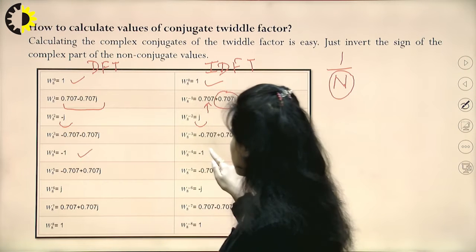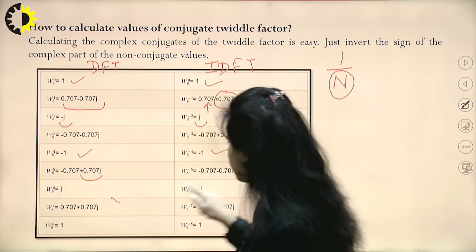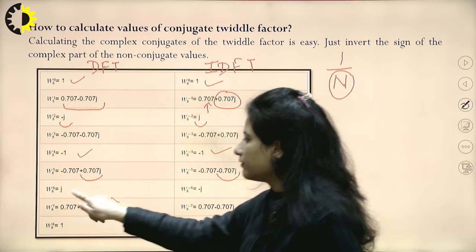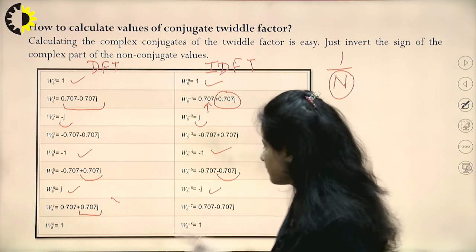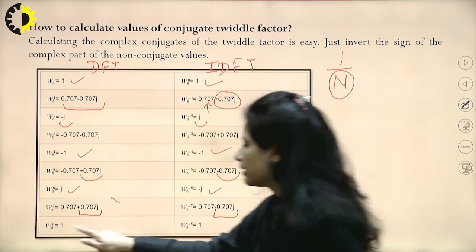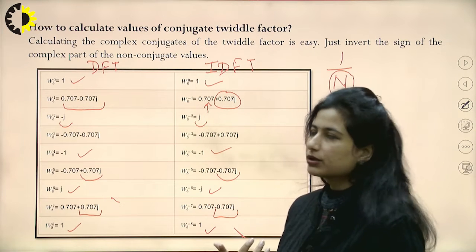Minus 1 is the real part, which remains the same. Look at the second part of every value, it is the negative of the one in the DFT. j has become minus j, and plus 0.707j has become minus 0.707j. One remains the same. So from this comparison, what can I conclude?